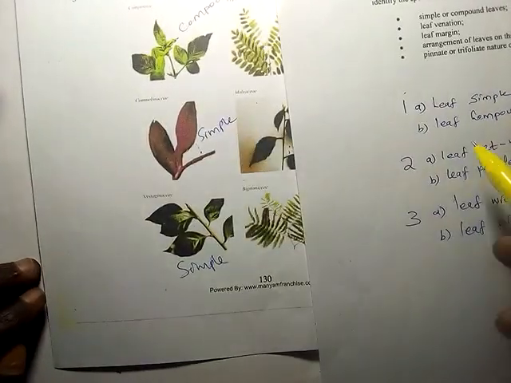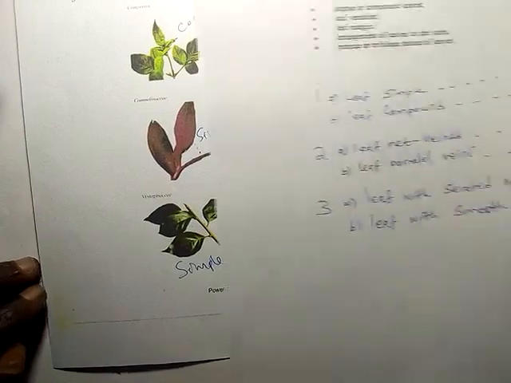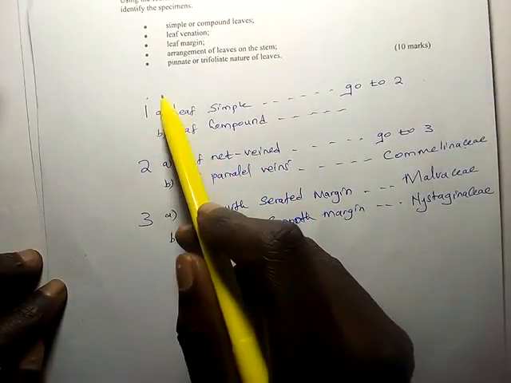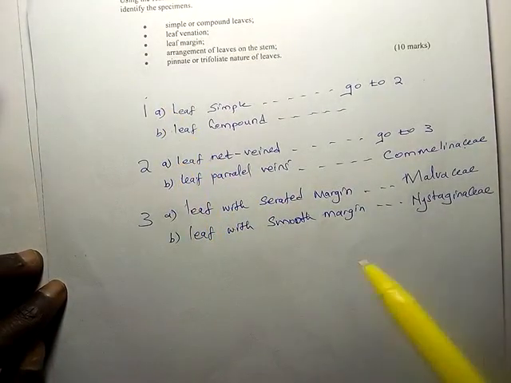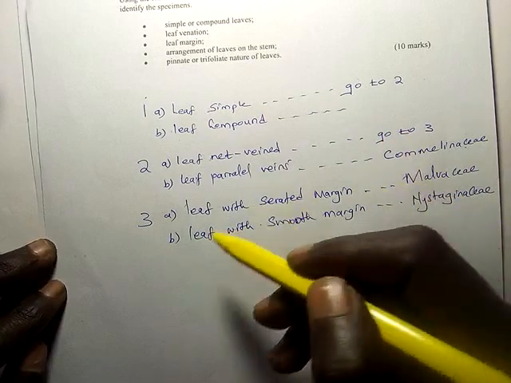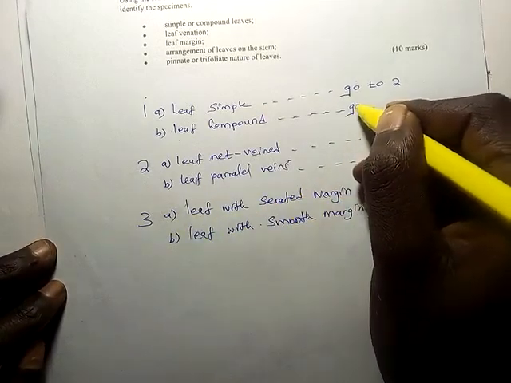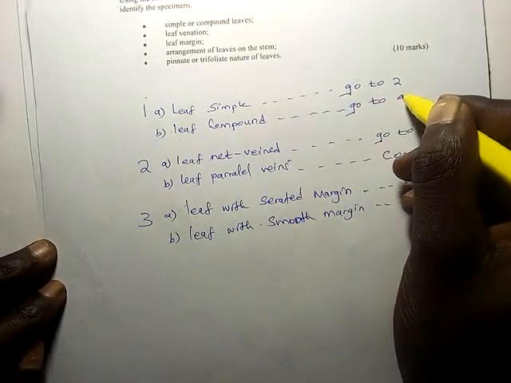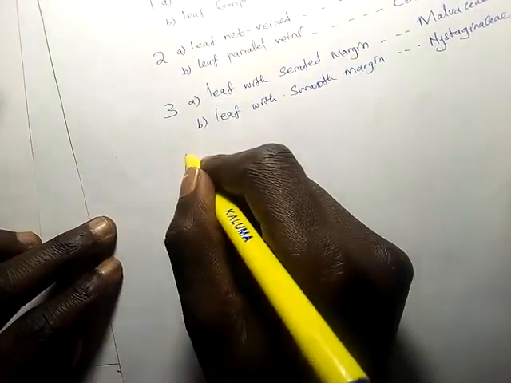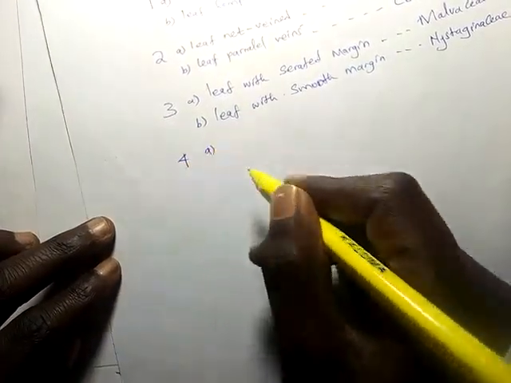Now we go back to 1b, which is compound leaf. Now we have finished with the leaf simple. Now here we say go to 4. Then we write 4a.